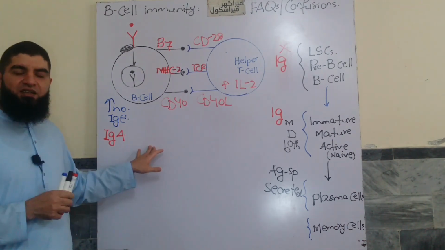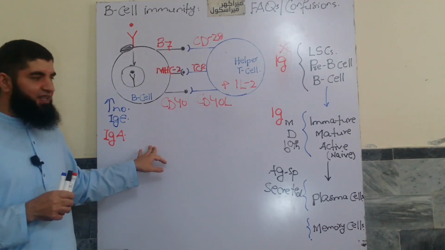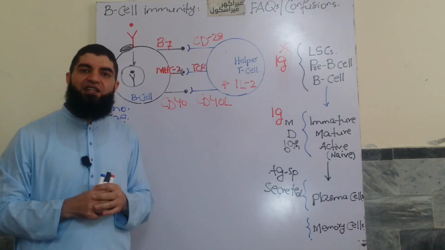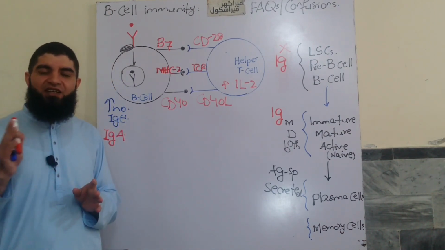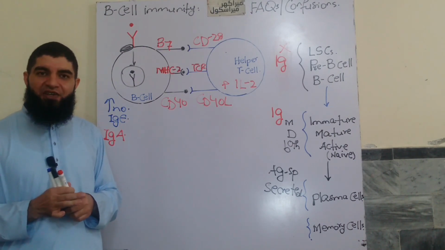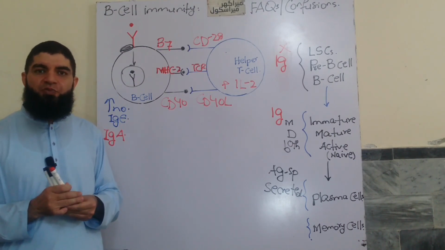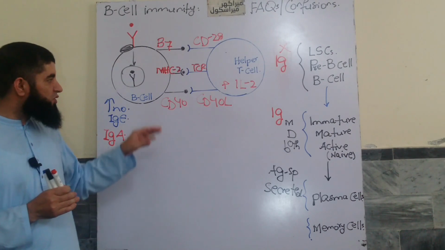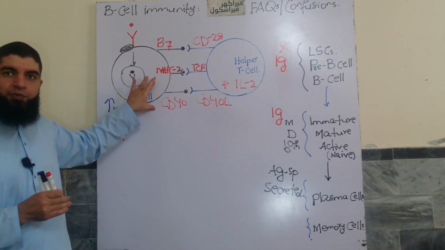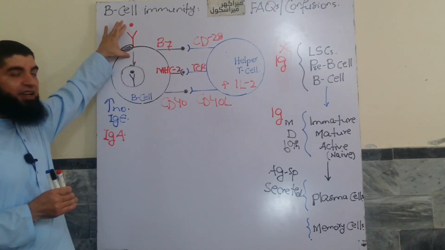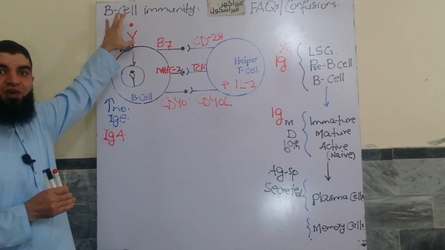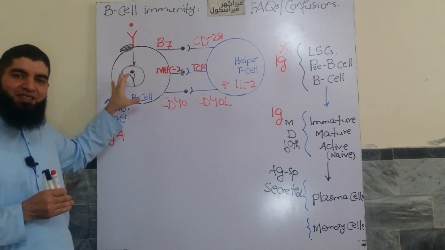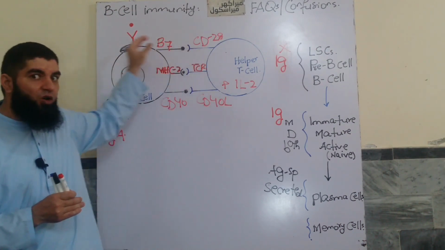The activated B cells in their naive state, we call them naive when they are sufficiently mature but they have not had an encounter with the specific antigen against which they show specific reactivity. In the activated but naive B cells, the antibodies are embedded on their surface and they serve to bind antigens so that the B cell can be activated through this whole process.